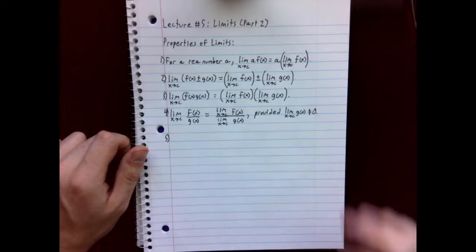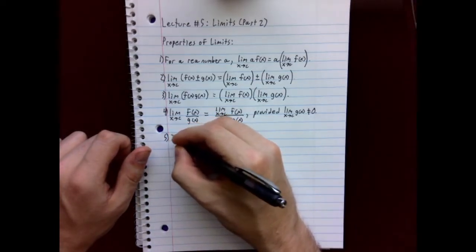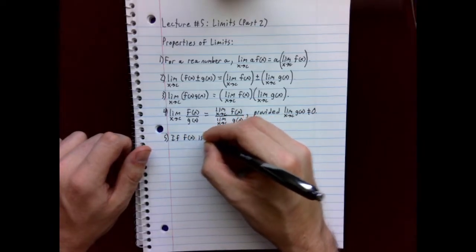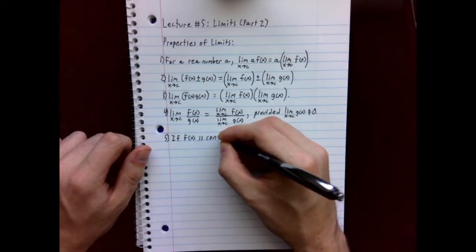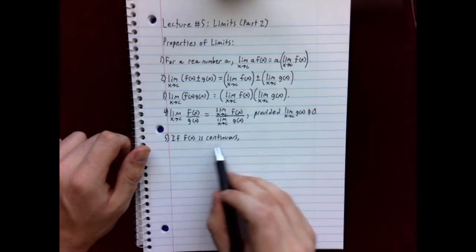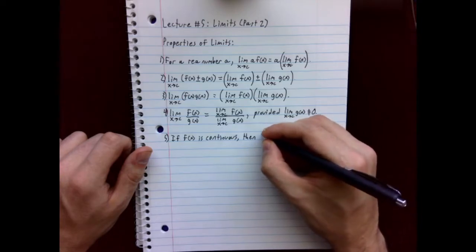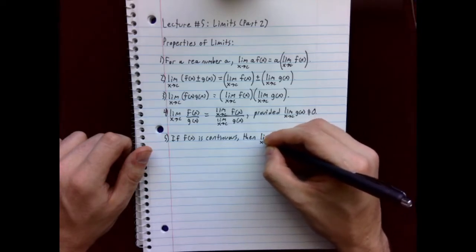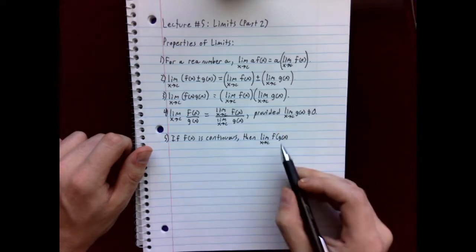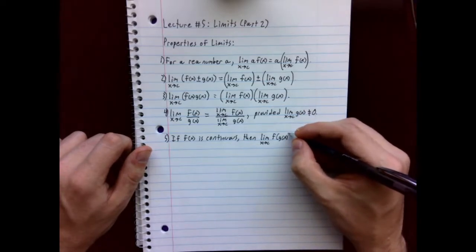Fifth, and this has to do with composition of functions. So if f of x is continuous, so here we need a continuous function, then the limit as x approaches c of f of g of x, so here I would be taking the output of g of x and using it as the input for f.